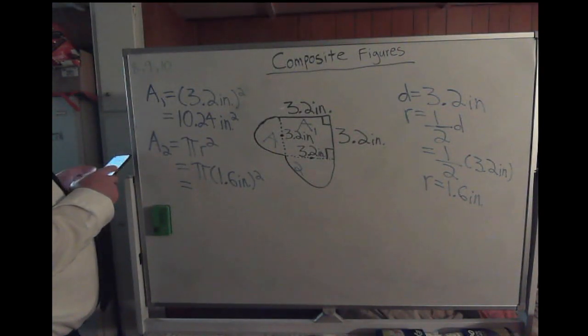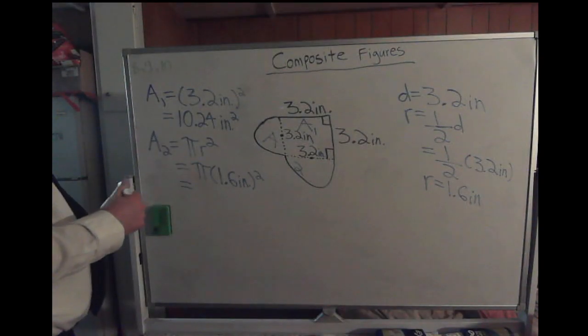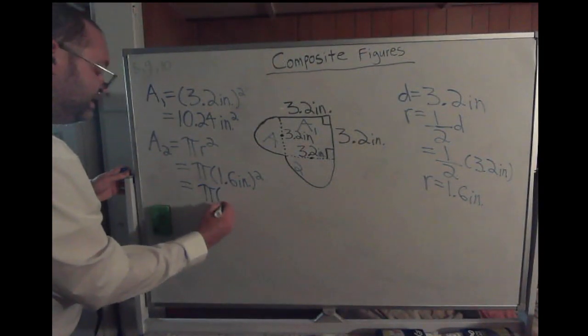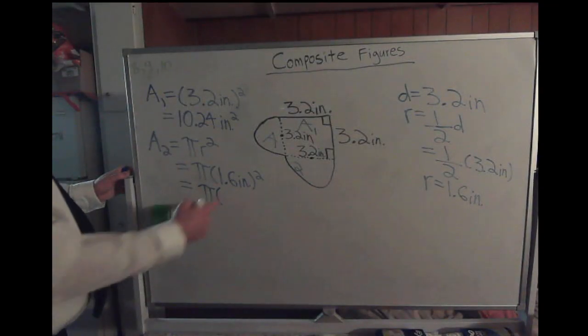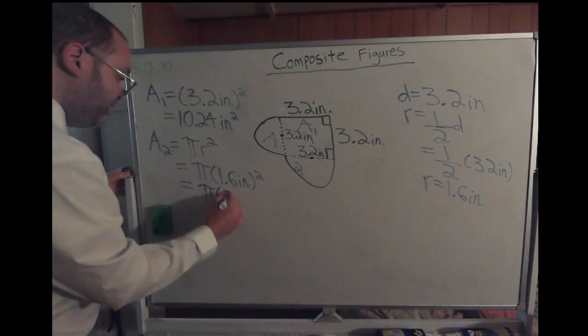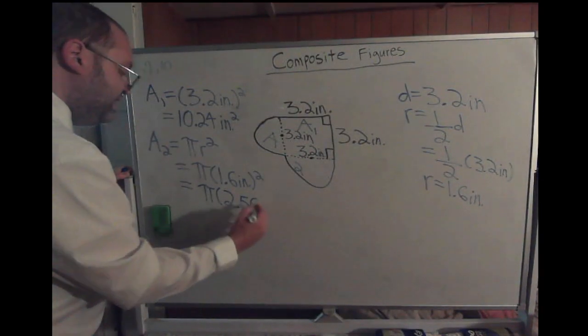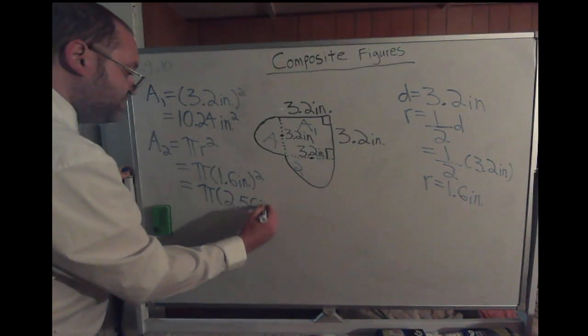Yep, I was right. So you'll have pi on the outside. On the inside of the parentheses, since we took 1.6 to the second power, that'll be 2.56. And then inches squared, well, that's just what it is.